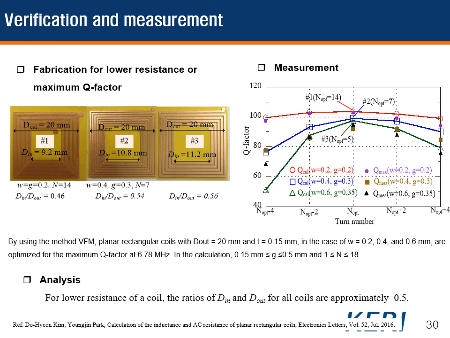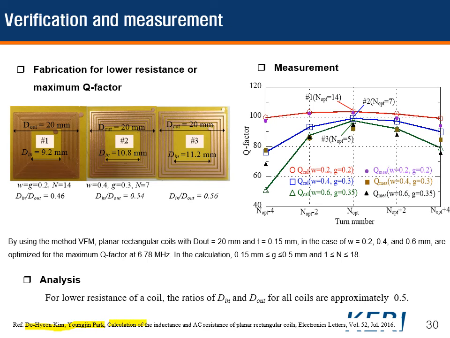We apply the method to design the coil of maximum Q factor with metal thickness, and the coil width and length fixed. For more detailed explanation, please refer to the following reference paper.